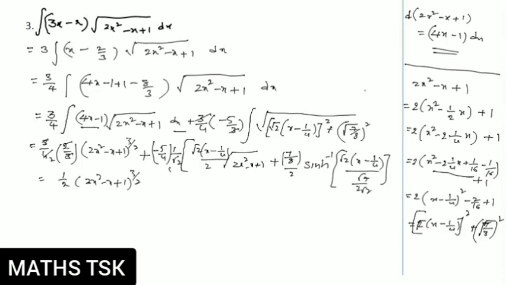When you multiply this with this, here 4x minus 1 by 8 is there. 4 gets cancelled, root 2 gets cancelled. Minus 5 by 4, 16 2 32, into root of 2x square minus x plus 1.